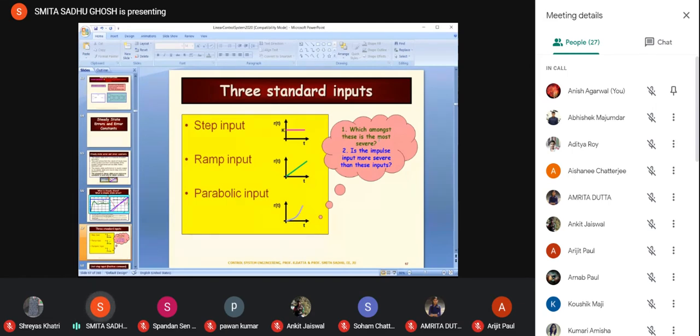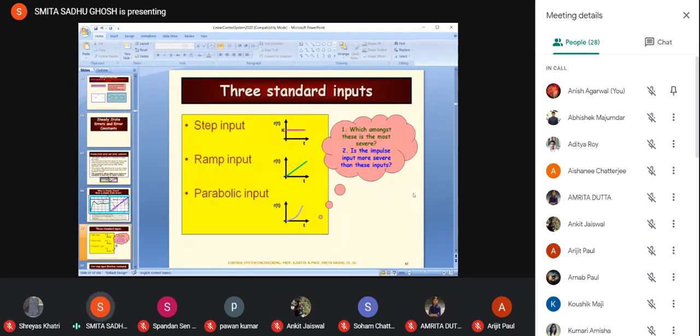Now this question is a bit vague, so in layman's language it can be framed in that fashion, that is, which is the most severe.